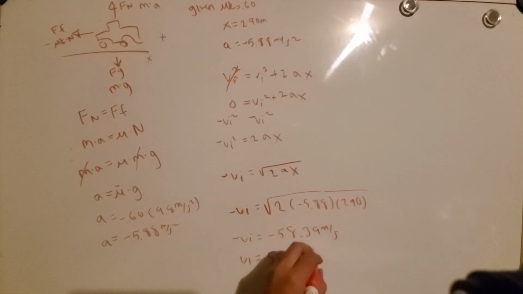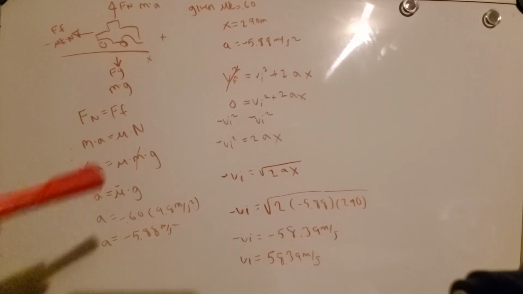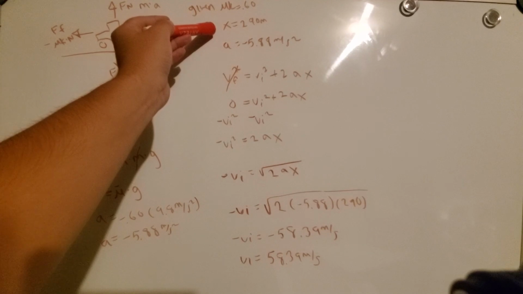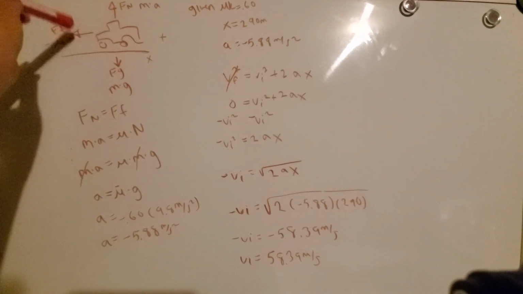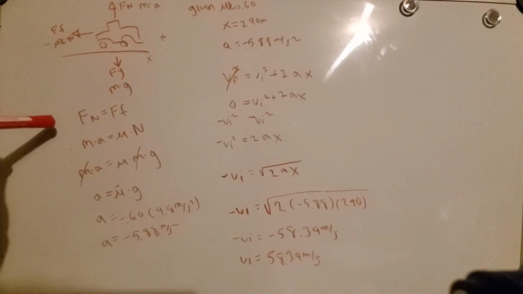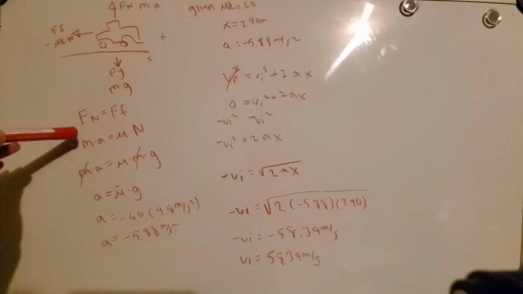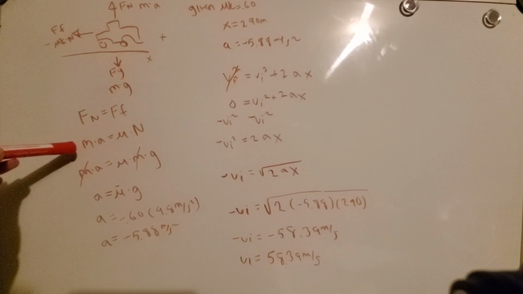58.39 meters per second. So with our quick overview, we had given values of coefficient 0.60. Our distance of the skid marks was 290 meters. We drew a free body diagram and found that the net force acting on the car was equal to the kinetic friction force. We were more specific with our variables being used.